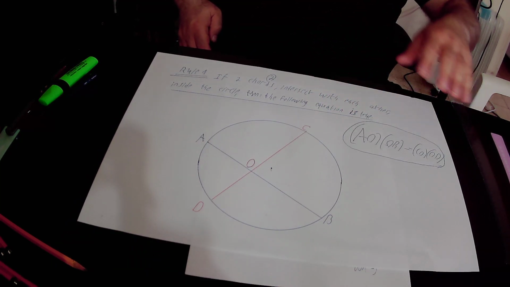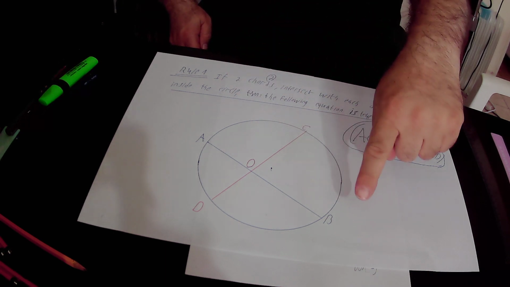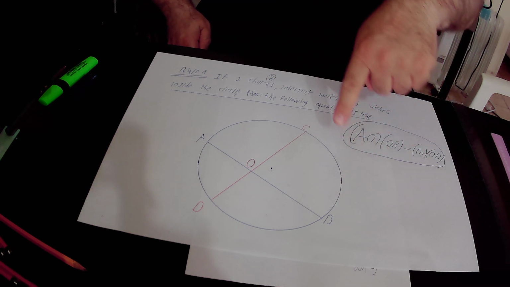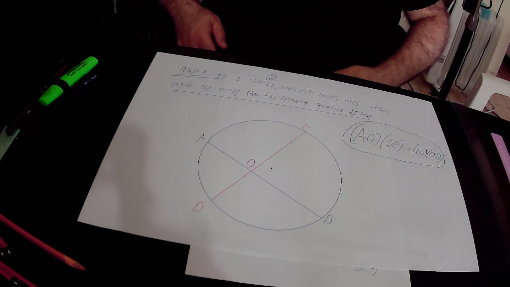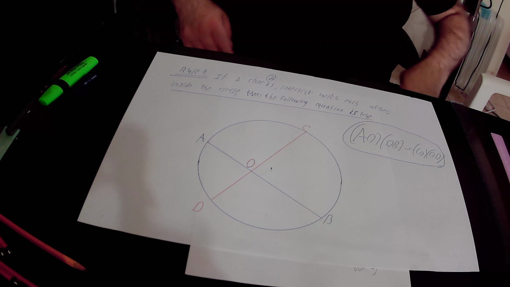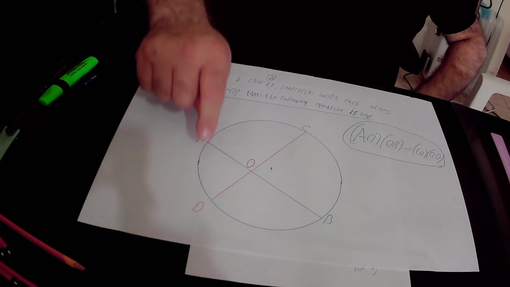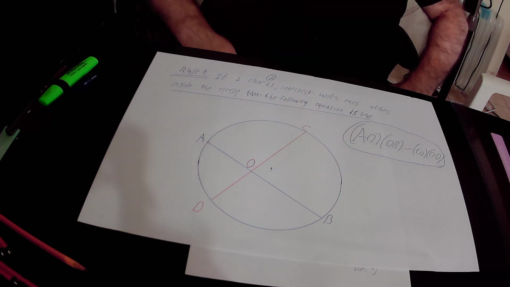I repeat again, inside this circle we have two chords, chord AB and chord CD. Chord AB intersects with chord CD at point O. Point O is the intersection point of those two chords. Therefore, according to rule number 1, AO times OB equals CO times OD.